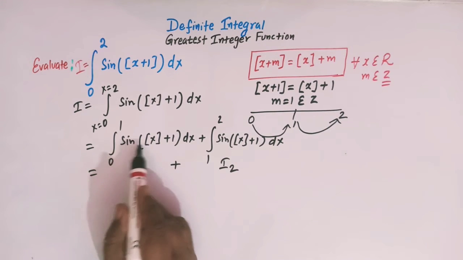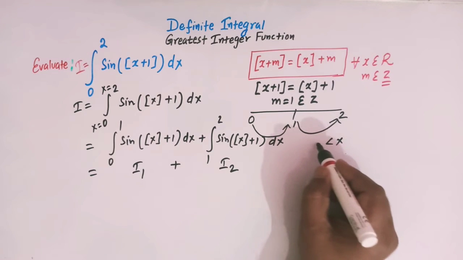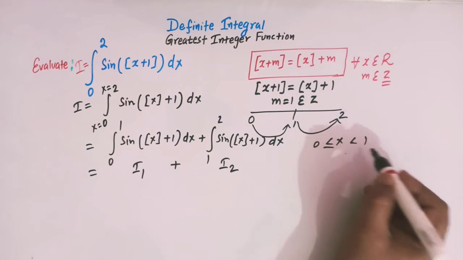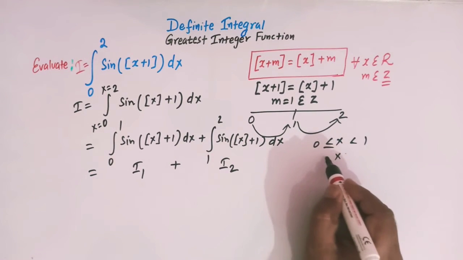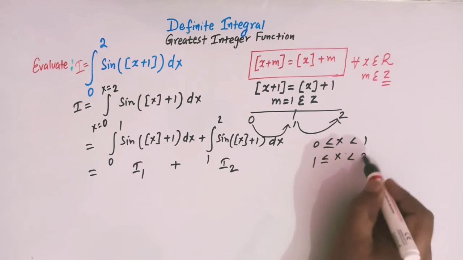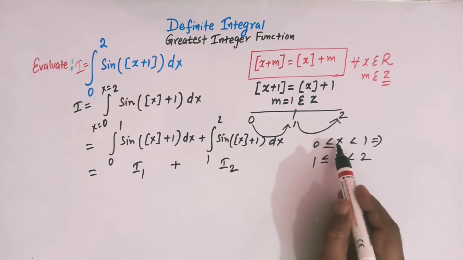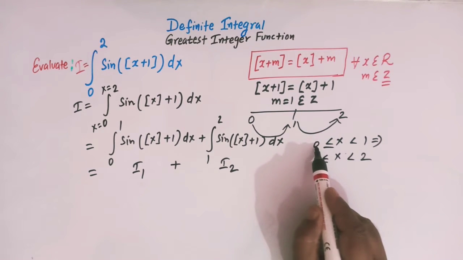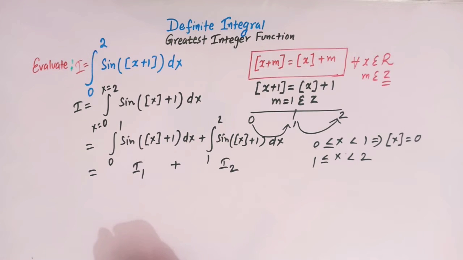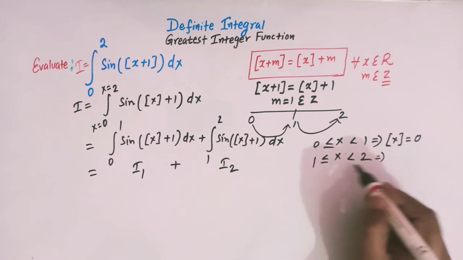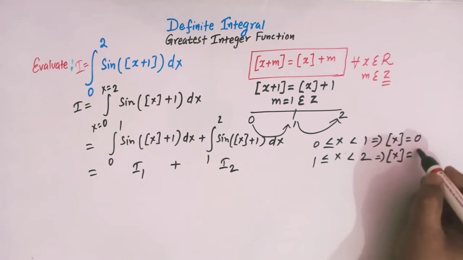Now let us take I1. Here x varies from 0 to 1, and in the second integral x varies from 1 to 2. From the definition of the greatest integer function, whenever x lies between 0 and 1, the value of the greatest integer of x is 0, and similarly when x lies between 1 and 2, the value of the greatest integer of x is 1.